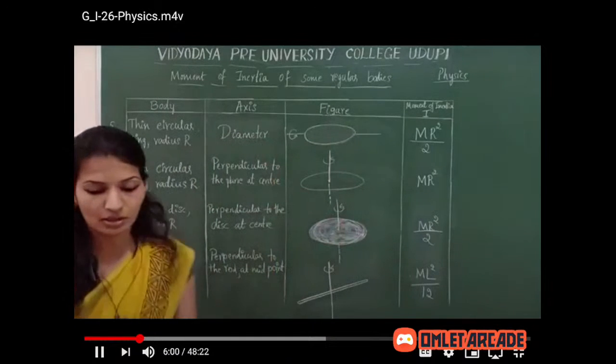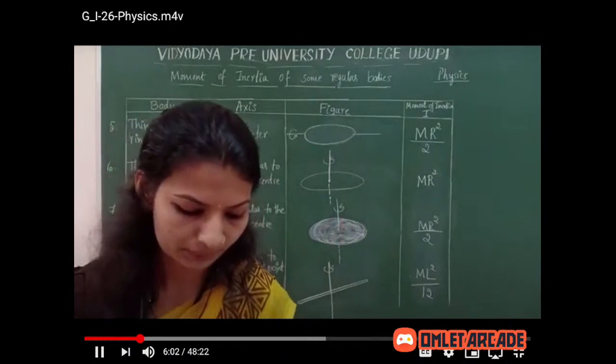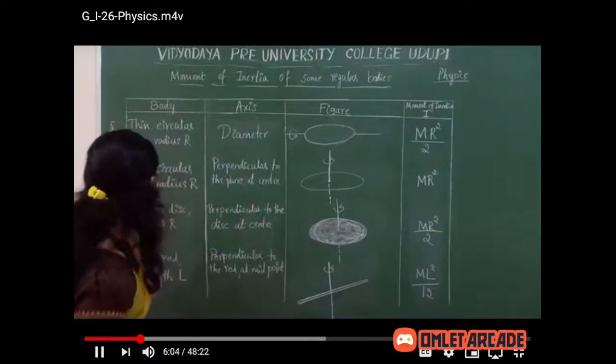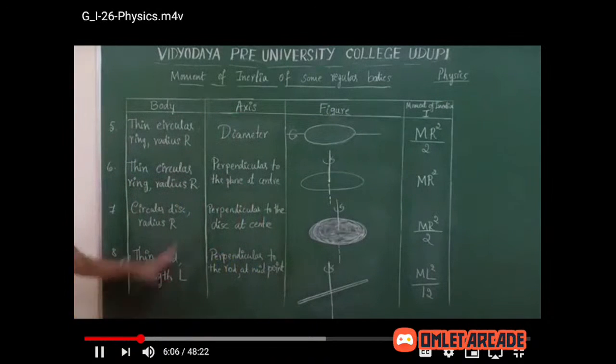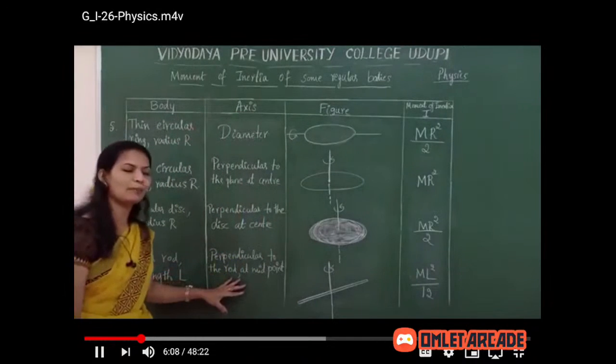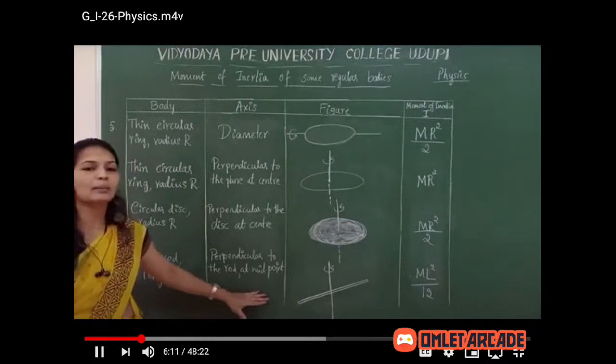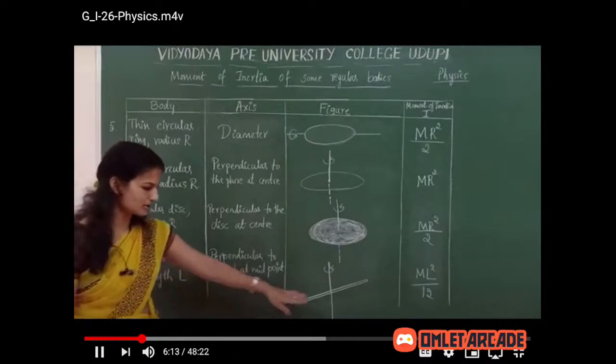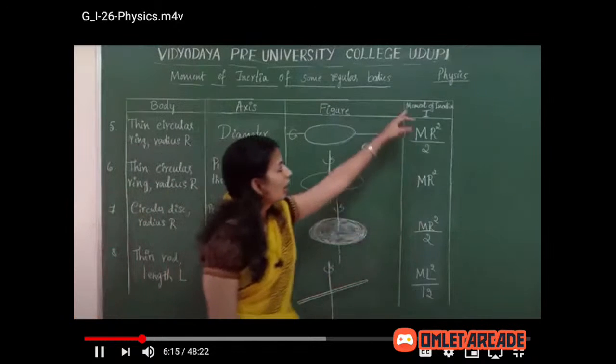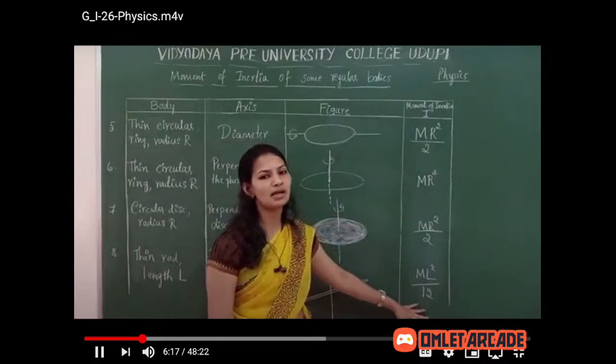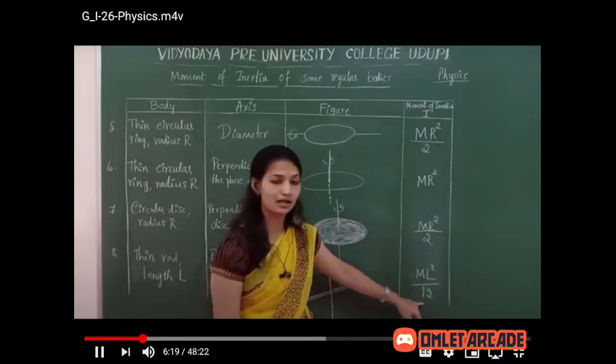Then the last body is a thin rod of length L, and the axis of rotation is perpendicular to this rod and passing through its midpoint. So like this. The moment of inertia is mL square by 12.